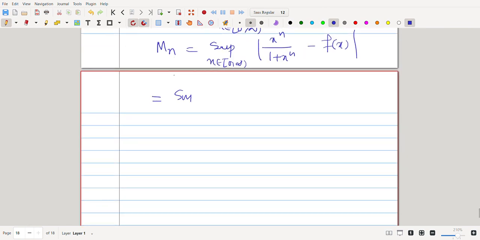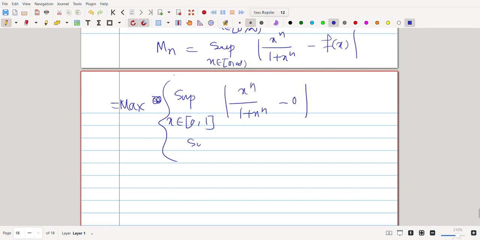So equal to supremum x belongs to, say, I'm defining it, I need to take the maximum of these two values. Okay, max equal to max of supremum of x belongs to 0 1 of x power n by 1 plus x power n minus 0 and supremum of x belongs to 1 to infinity of x power n by 1 plus x power n minus 1.